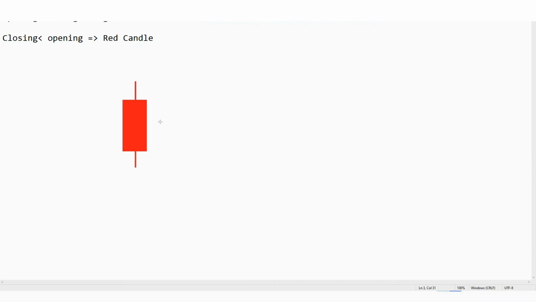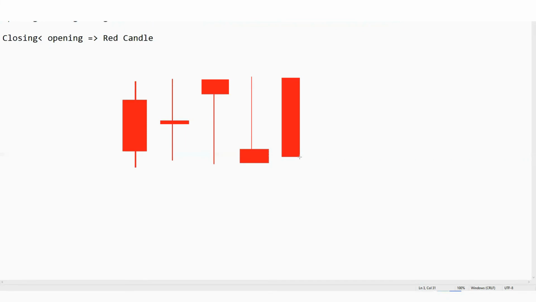You can get this kind of red candle, this kind of red candle, this kind of red candle.